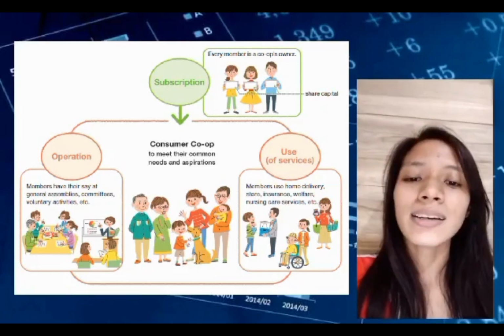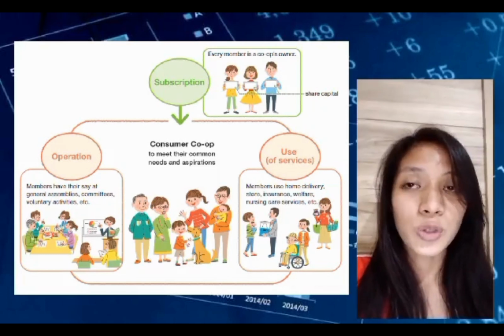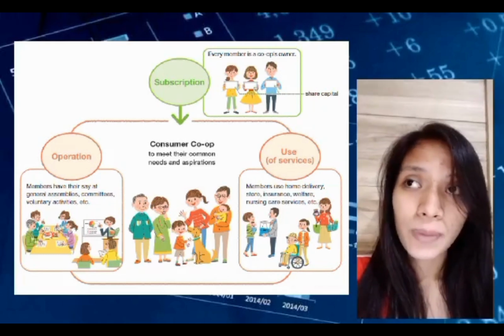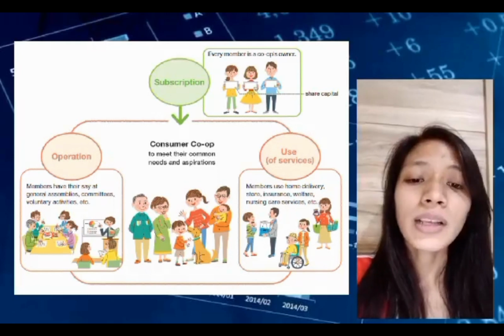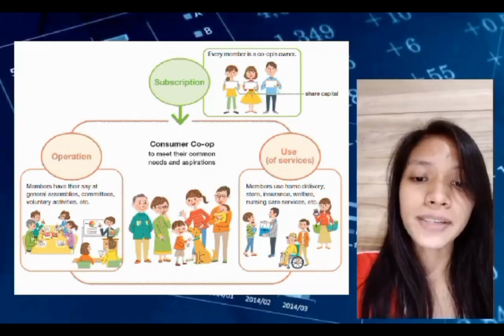There are many types of consumers' cooperative. There are healthcare, insurance, and housing cooperatives, as well as credit unions, agricultural, and utility cooperatives.